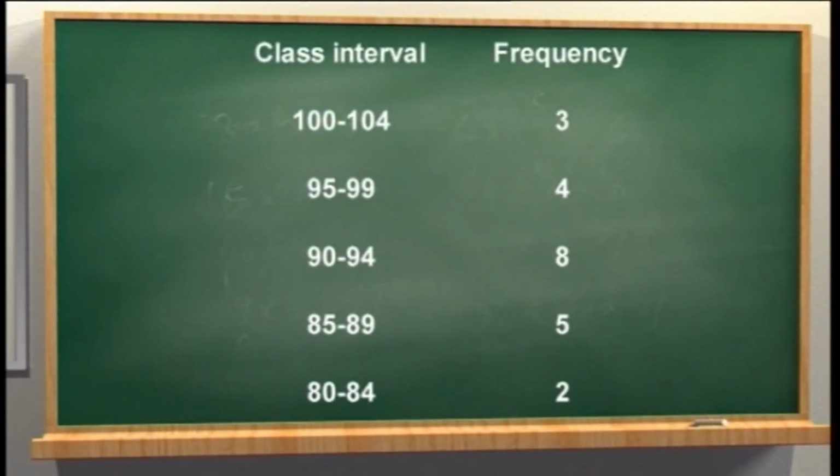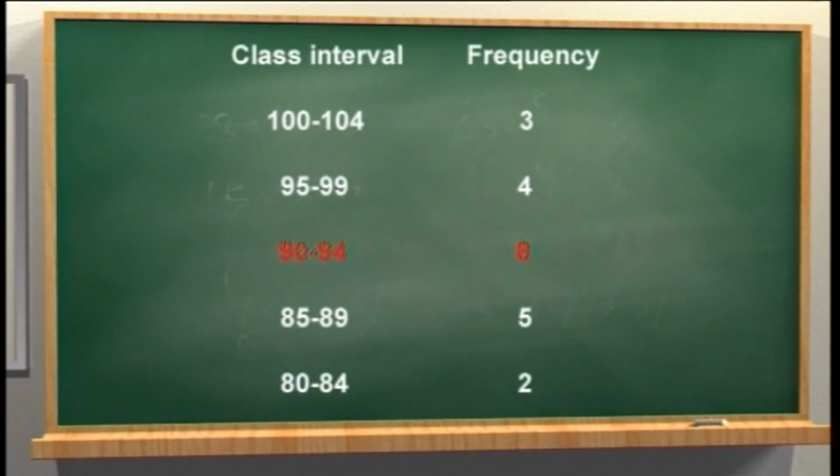Because of this estimation, it is sometimes referred to as crude mode. Let's have a look at the example. In the given distribution, there are maximum, that is 8, frequencies in the class interval 90 to 94. So, the midpoint, that is 92, is the mode.